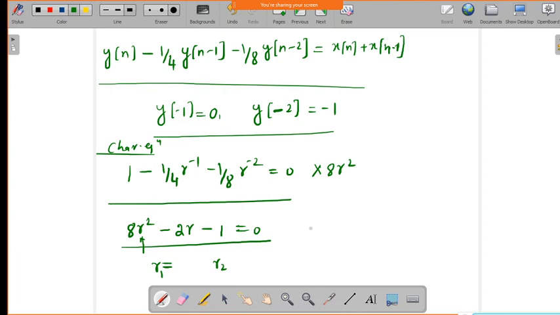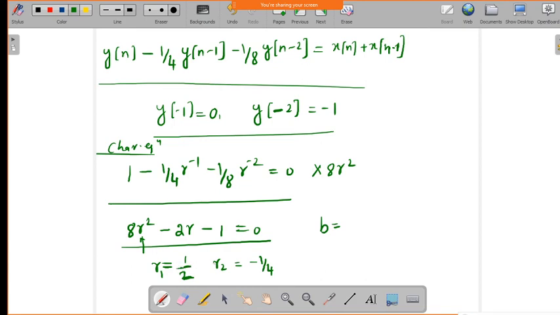Okay. Better you put it in fraction form itself, so it will be easy to solve further. So R1 is 1 by 2, and R2 is minus 0.25? Minus 1 by 4. Yes.